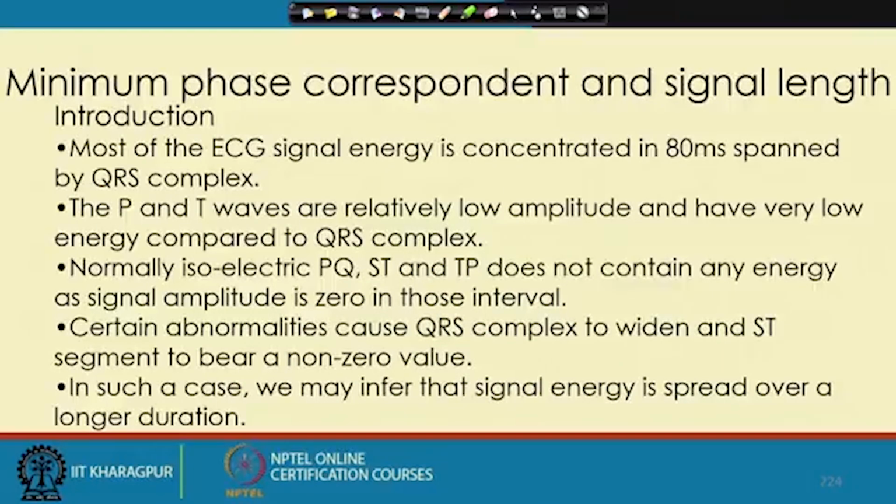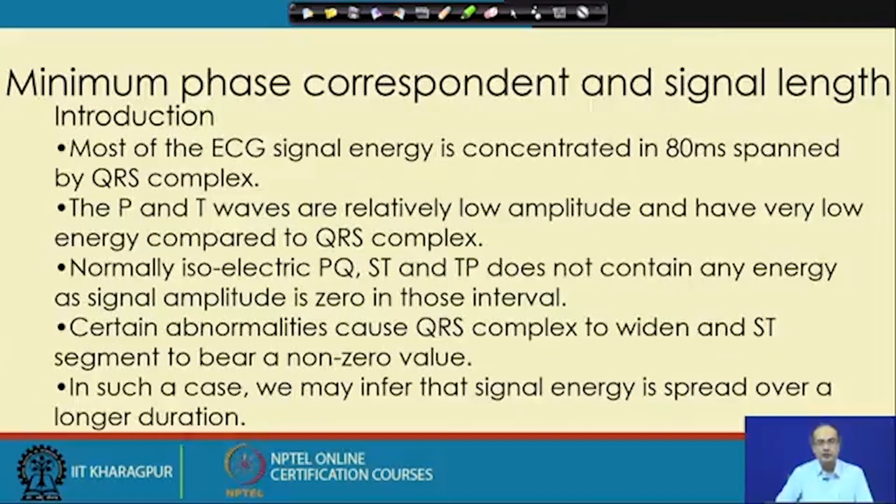Those places do not contribute any energy. Now, if there are certain abnormalities like ectopic beat or ischemia, all such things we have seen cause the QRS complex to widen. The QRS complex becomes wider and the ST segment becomes non-zero, either elevated or depressed, that means it is moving away from 0 and having some amplitude.